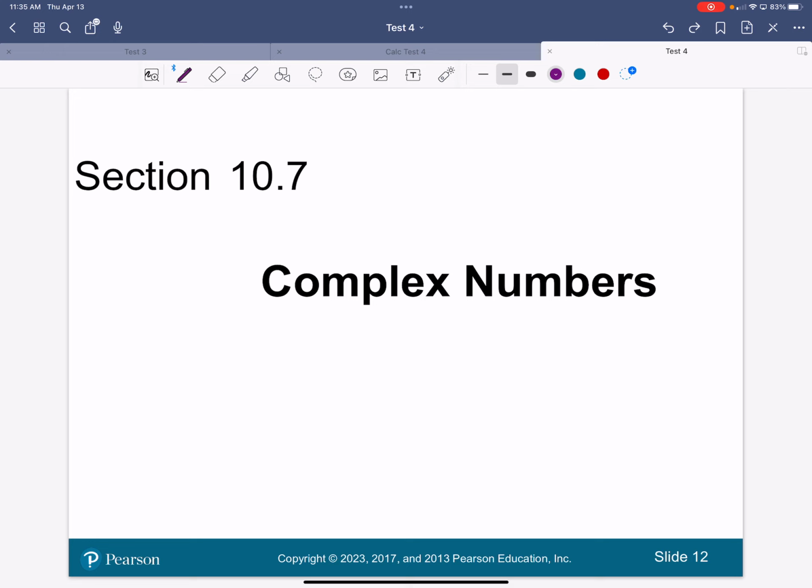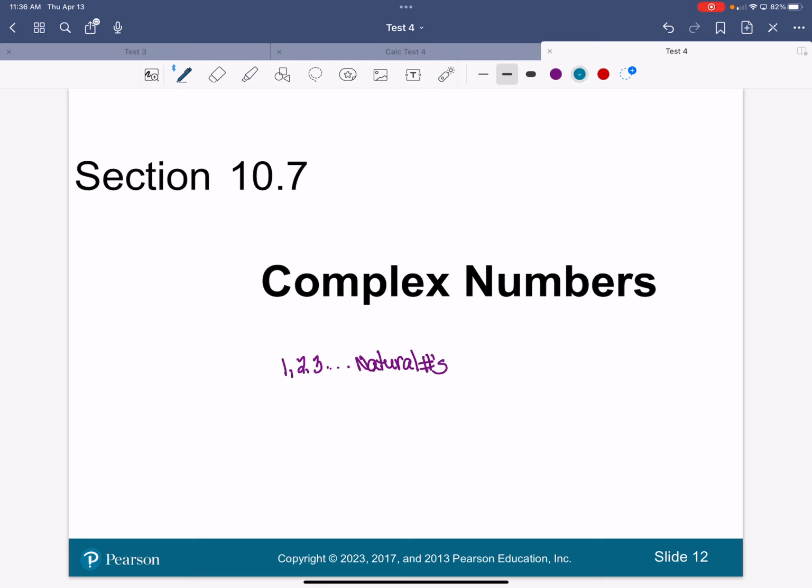Where did they start when you were 2, 3, 4 years old? At 1. They started at 1. Even before they started at 0, they started at 1. And those numbers are called natural numbers. And so that's our first set of numbers that we learned how to work with. So those are called natural numbers.